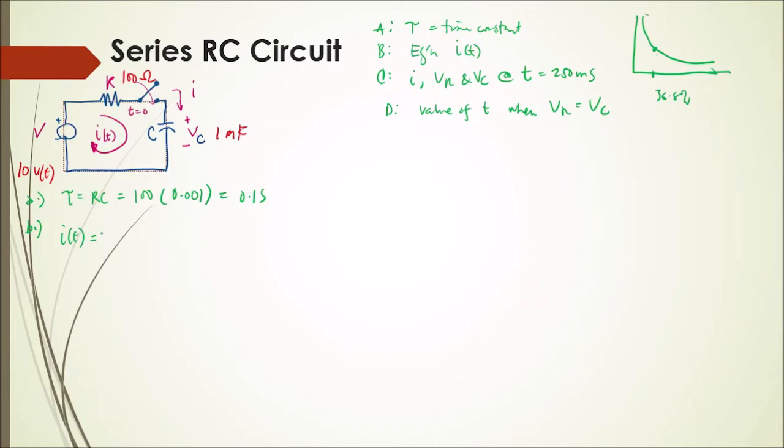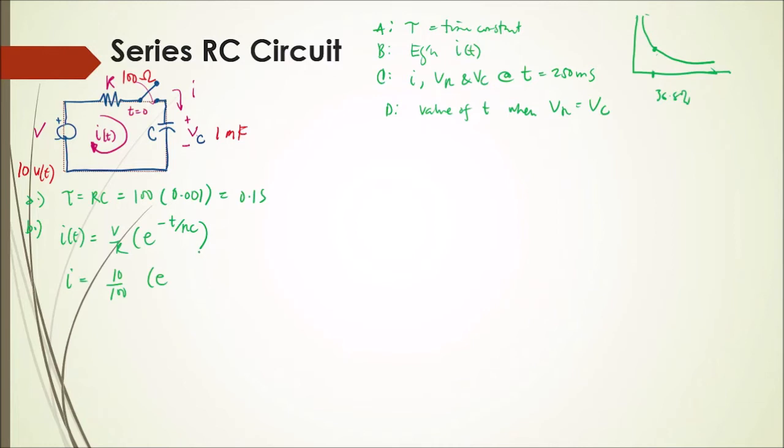Okay? And so this is V over R times 1 minus e to the negative t over RC. We have to be familiar with this part, that is e to the negative t over RC. So when you try to memorize, remember the nature. So our I is equal to 10 over 100 times e to the negative t over RC.